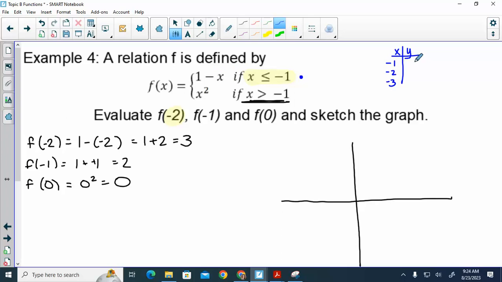So 1 minus -1 is 2. 1 minus -2 is 3. 1 minus -3 is 4. Does it start with an open or closed circle? Closed because I had an equal to. So it started at this point and it went to the left because we were doing less than.